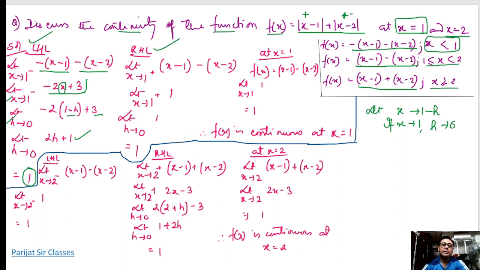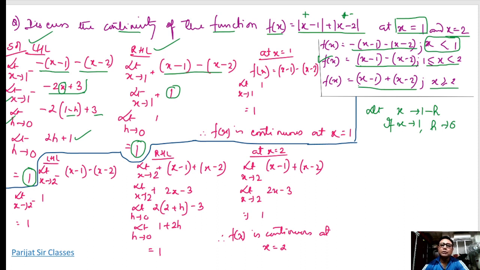For the right hand limit we have to choose the function for values more than 1. So we have taken this function, and as you can see the x cancels out, this is plus 1. If I put x tends to 1 in this, the answer will come 1.